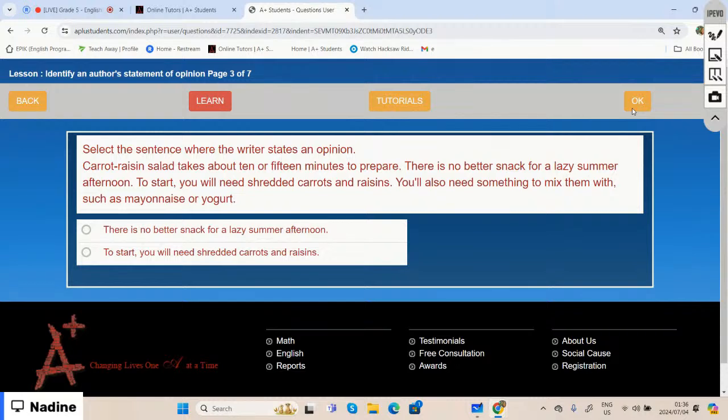All right, we need to select the sentence where the writer states an opinion. It says carrot raisin salad takes about 10 to 15 minutes to prepare. There is no better snack for a lazy summer afternoon.